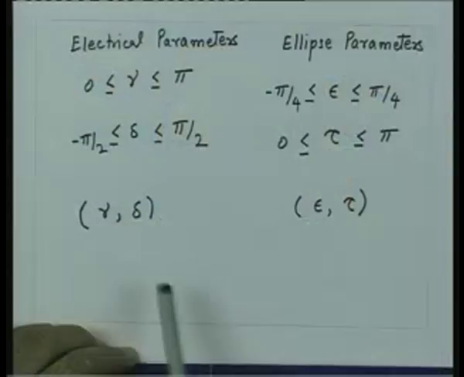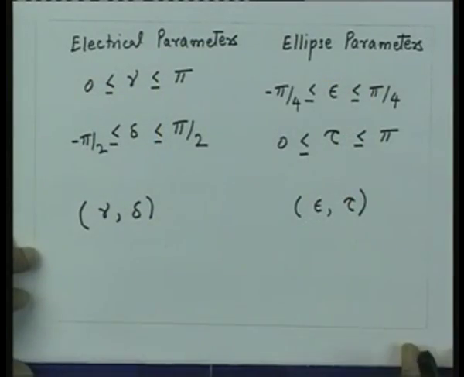And once you have that compact representation, essentially we have got some kind of a visual representation of states of polarization. So, the idea here is, let us imagine a sphere and let us mark the angles on this sphere in terms of either these quantities epsilon and tau or gamma and delta.